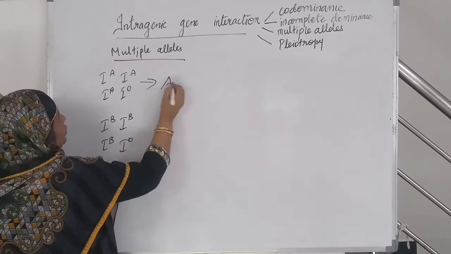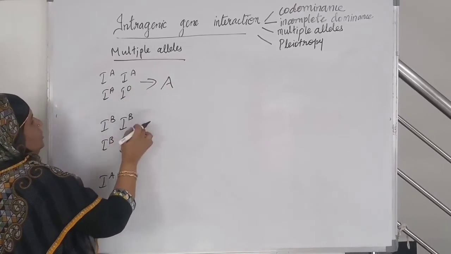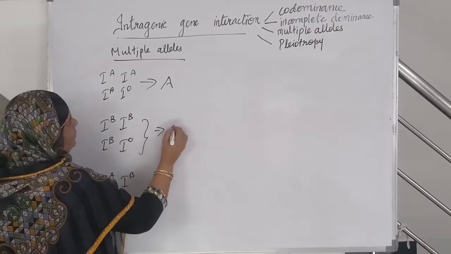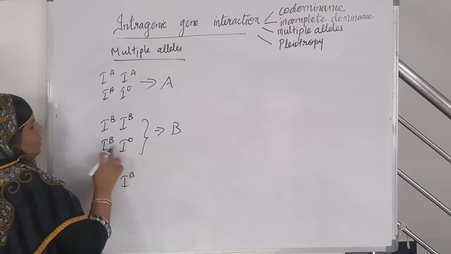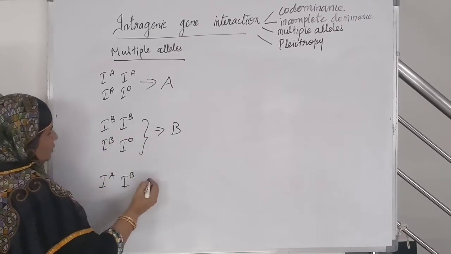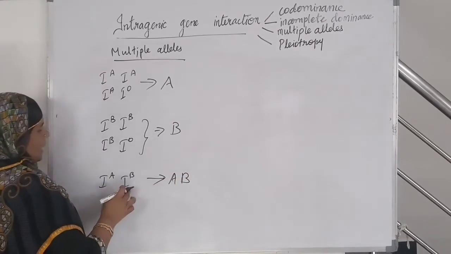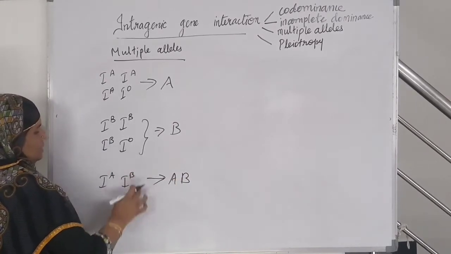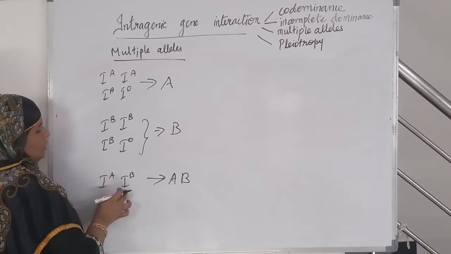For A blood group, the genotypes may be IAIA or IAIO. For B blood group, IBIB or IBIO. Both genotypes will receive the B blood group. Here IAIB, I gave this for codominance as an example, AB blood group.